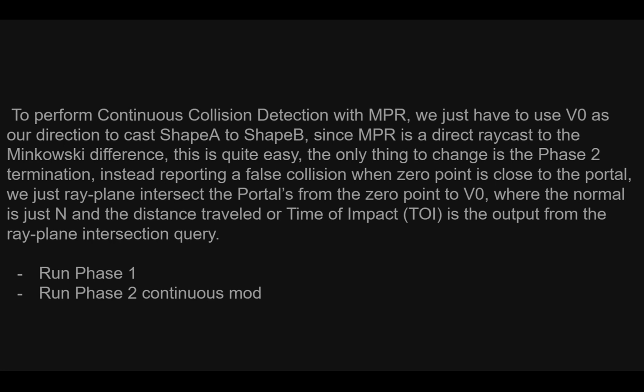And the ray originates at the 0 point, which would be the origin of the Minkowski difference, and goes to B0. That's our direction to cast. And the normal is the normal from the portal, and the distance is the output from the ray plane intersection.